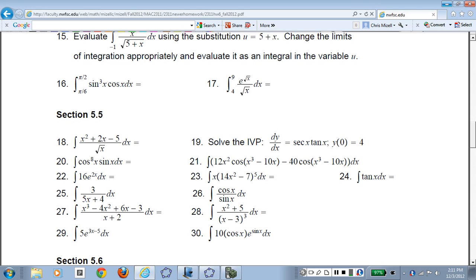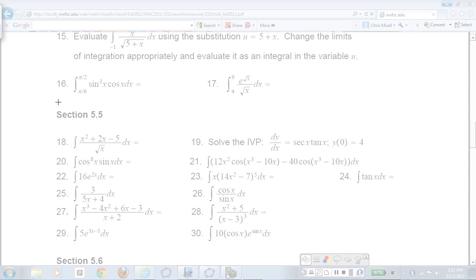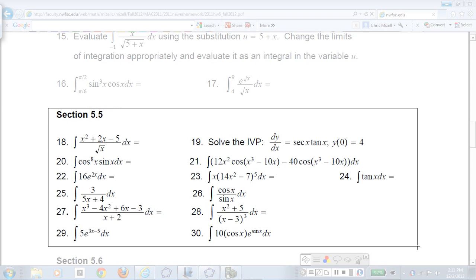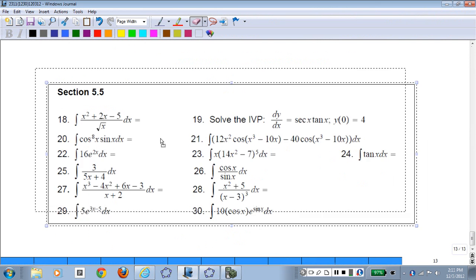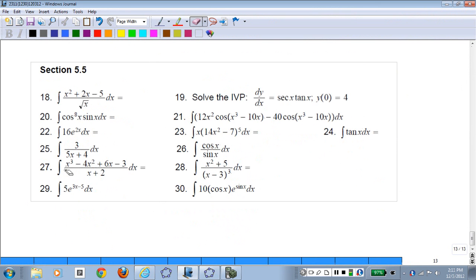I know my time's up. Let's see what else I can scratch. Everything. So this one you would need to use polynomial division and then attack it. This one involves a natural logarithm.